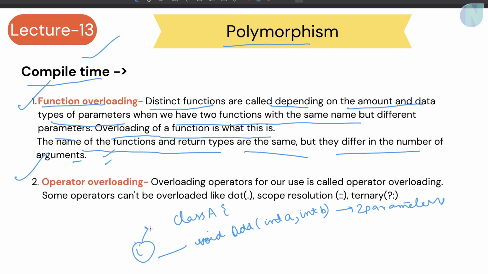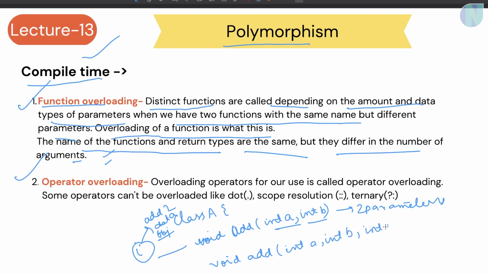So 1 is a function which is used to add two data members, or objects, or anything you can say. So void add(int A, int B) is used to do addition for any two data members.